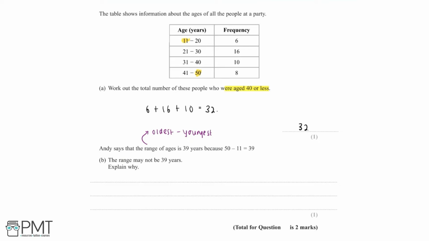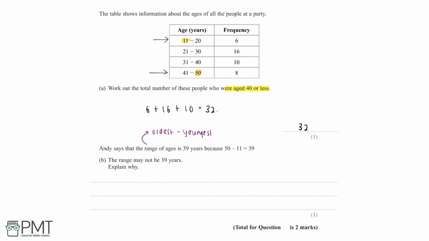But this might not always be the case, because we don't actually know what the oldest age is, and we don't know what the youngest age is. For example, looking at the last group, which is 41 to 50, someone might not be 50 years old, and the oldest age in that group might be 45, for example. And looking at this top group, the range is 11 to 20, but that doesn't mean that the youngest person is 11 years old.